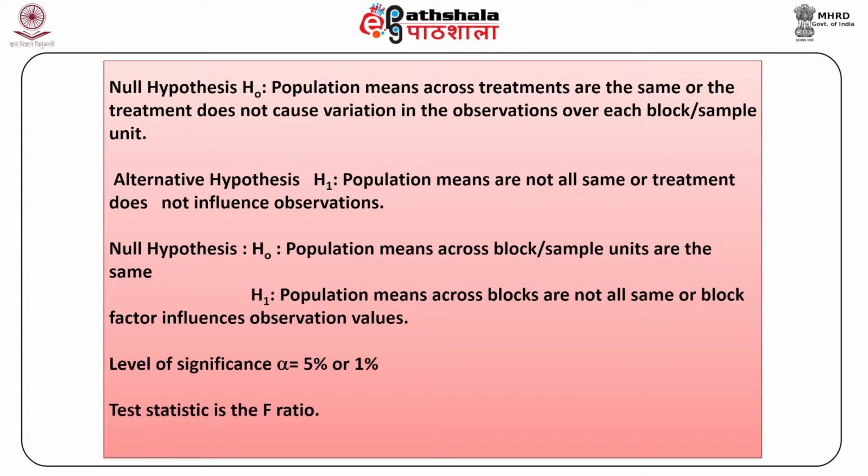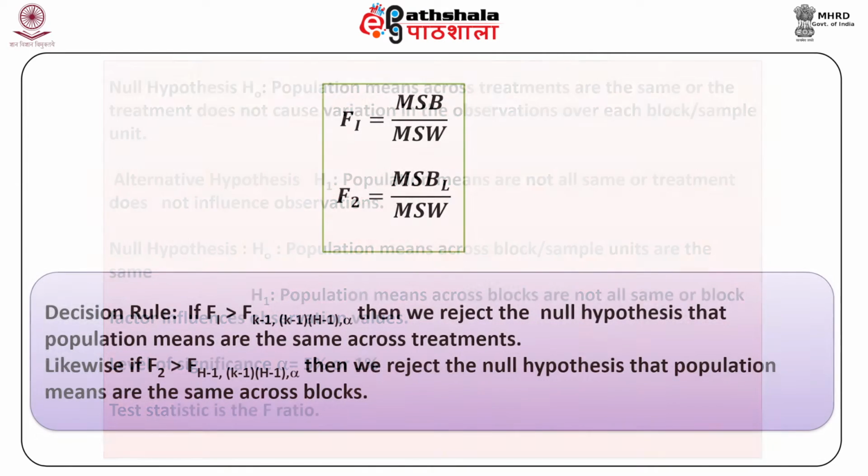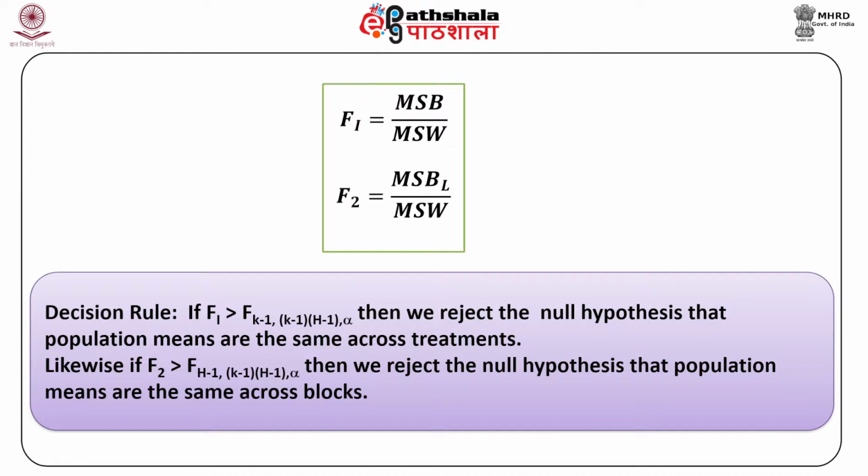Let's again take level of significance alpha equal to 5% or 1%, and the test statistic is the F ratio. We have already learned that we may have two F values, F1 as MSB upon MSW and F2 as MSBL upon MSW.